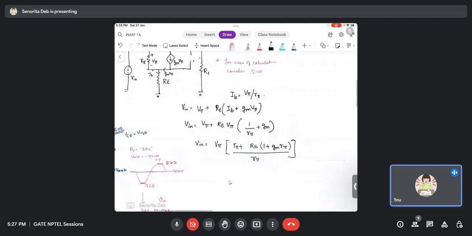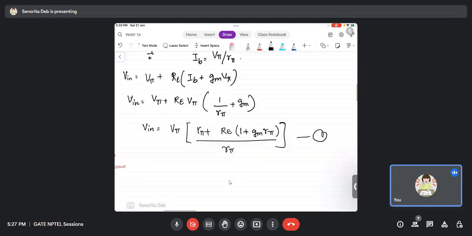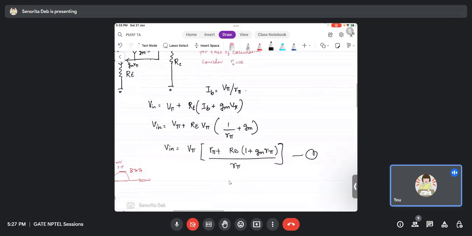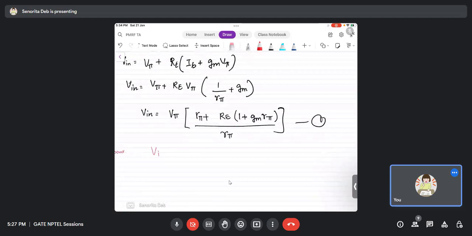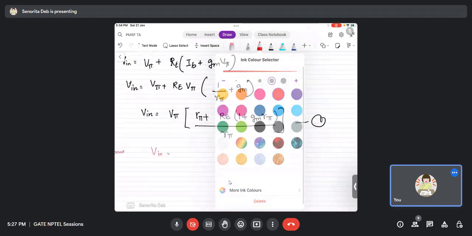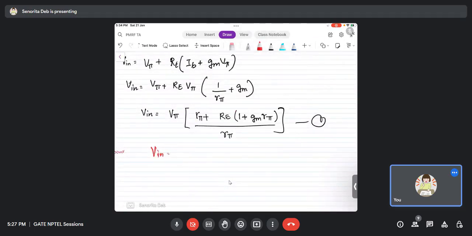Correct? So let me have this as the first equation. The other one will be that V pi by R pi is nothing but IB, right? So therefore V in equals IB times R pi plus 1 plus GM R pi into RE.